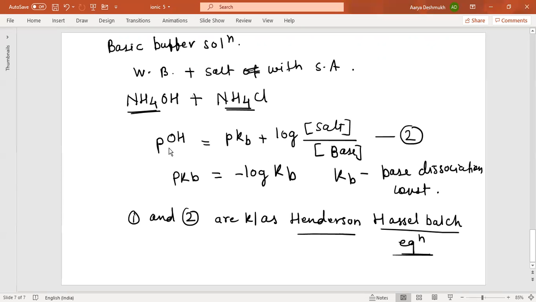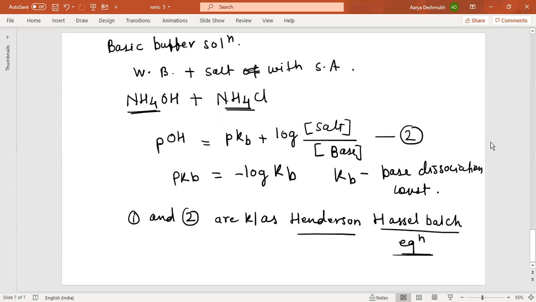Since we are talking about the basic buffer, we need to consider pOH. pOH is equal to pKb plus log10 of the concentration of salt divided by the concentration of base. Here pKb is equal to negative log of Kb, and Kb is nothing but the base dissociation constant.